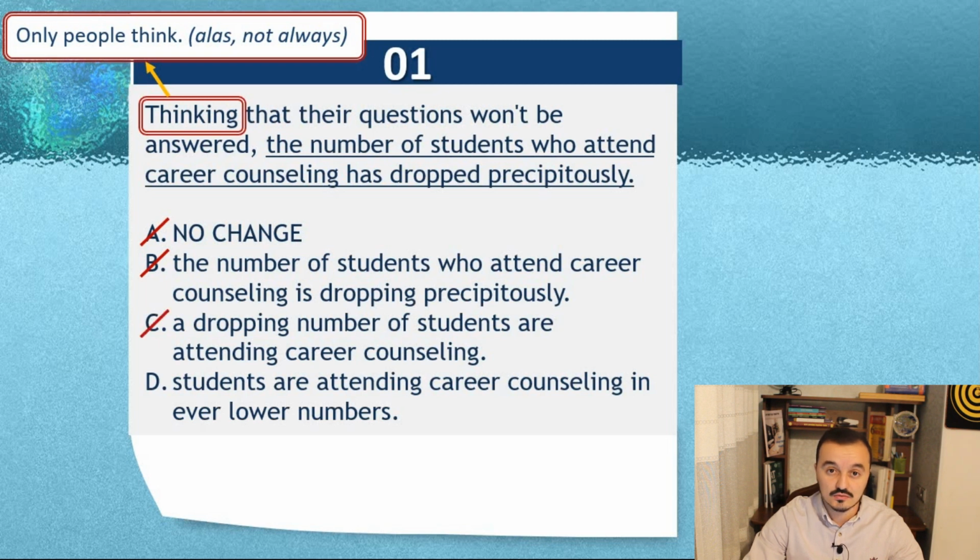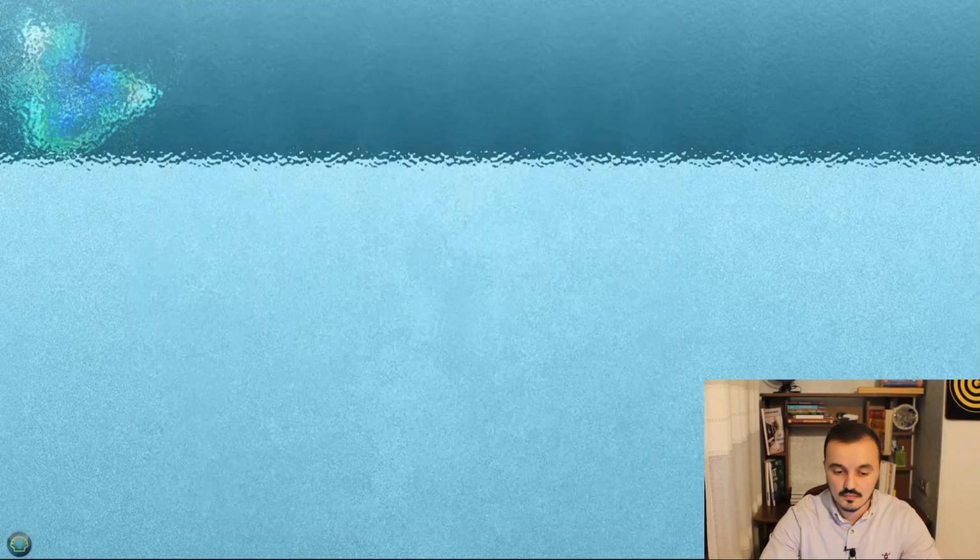C is out for the same reason as well. In D, I find my subject, students. Yes, thinking that their questions won't be answered, students are attending career counseling in even lower numbers. So the answer is D.